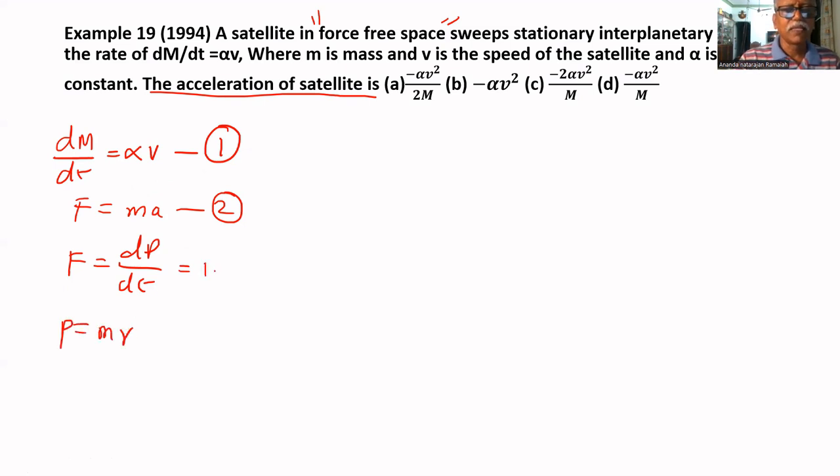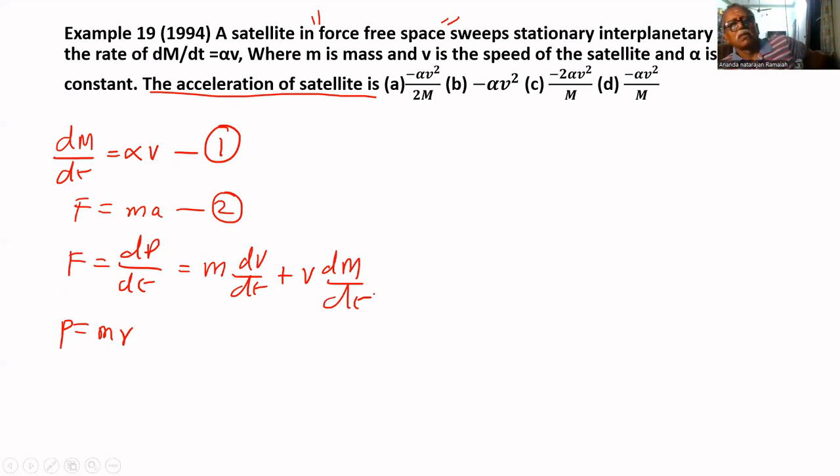That is m into dv by dt plus v into dm by dt. Here, velocity is constant, so the first term is equal to 0. That's why dp by dt equal to v into dm by dt.